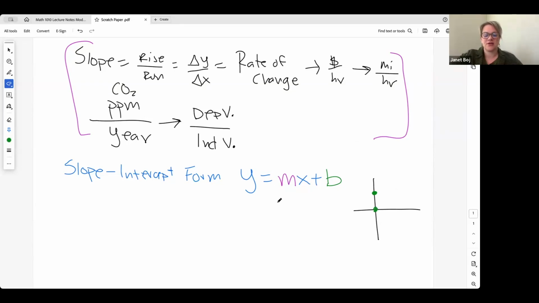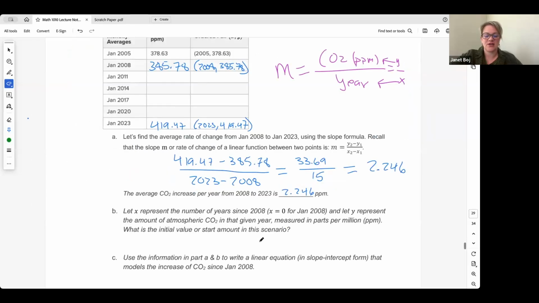Okay, so the slope-intercept form and how we can use that. So they're asking us, let Y represent the amount of carbon dioxide in 2008. So here I know that my X value is 0 and my Y value is 385.78.